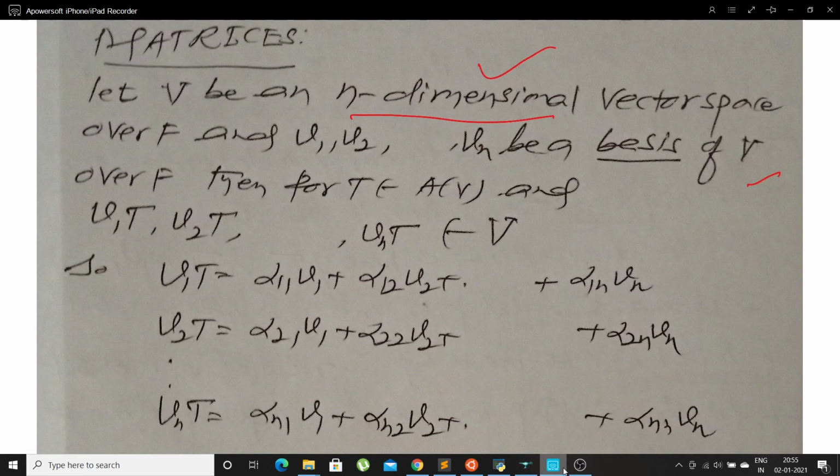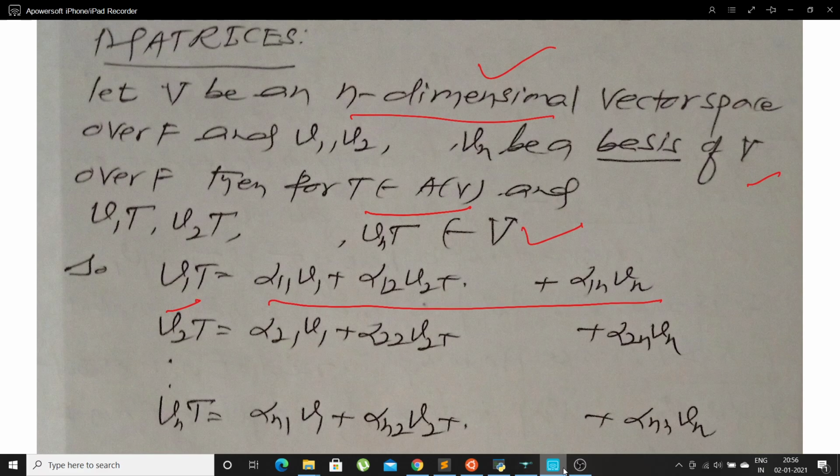Then for an element T belonging to A(V), we have elements of this nature: v1 T, v2 T and so on, vn T, which belong to the finite dimensional vector space V. What do I do now? I rewrite v1 T as a linear combination of the vectors v1 to vn.